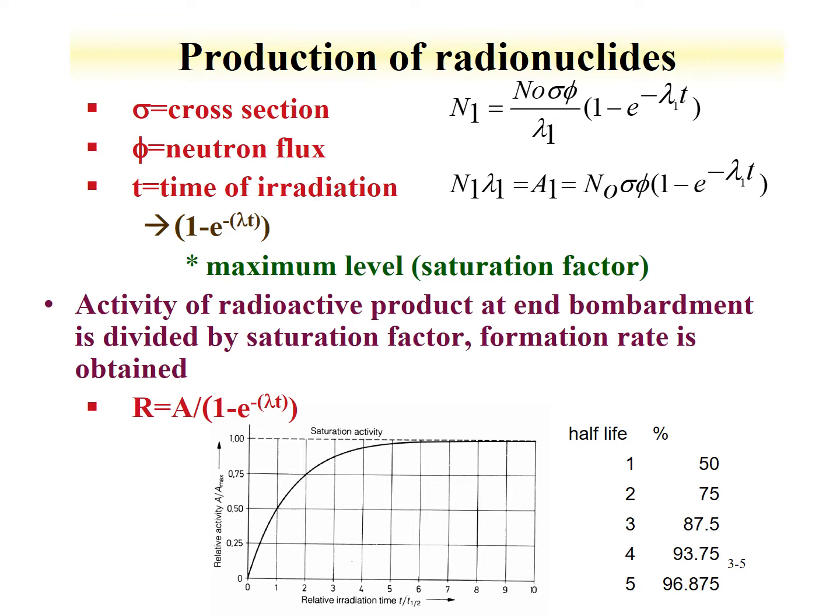As one is producing an isotope, when it's made, it also has a probability of decaying. So if you're producing an isotope that has a half-life of 100 years in a reactor, and you bombard the target for an hour, the probability that one of the atoms you made decays within that hour is pretty small.